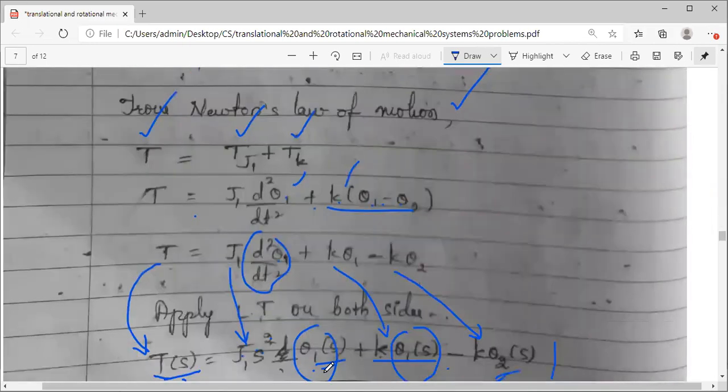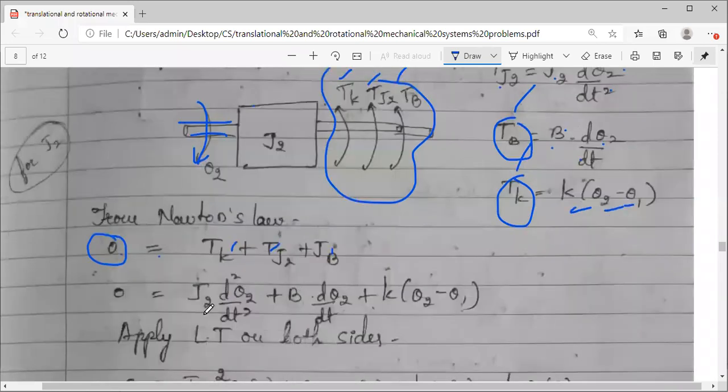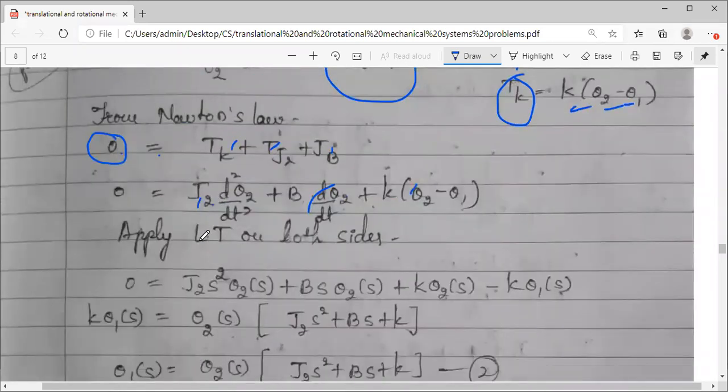So once you write the equations, use Newton's law, equate them. We don't have any applied torque, hence it is equal to 0. 0 is equal to the sum of the opposing torques. Then write down these equations. Apply the Laplace transforms. 0 is equal to J2, there is a double differentiation, so S square will come.